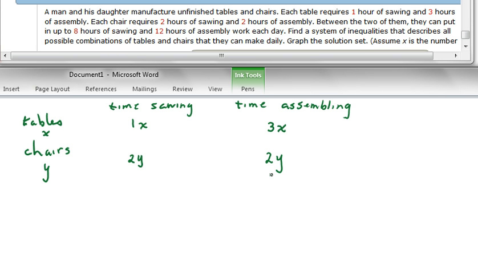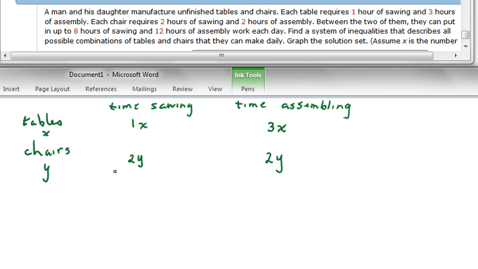Now continuing, between the two of them, they can put in up to 8 hours of sawing and 12 hours of assembly work each day. Find a system of inequalities that describes all possible combinations of tables and chairs that they can make daily and graph the solution set. So now we have the fact that the sawing is constrained.